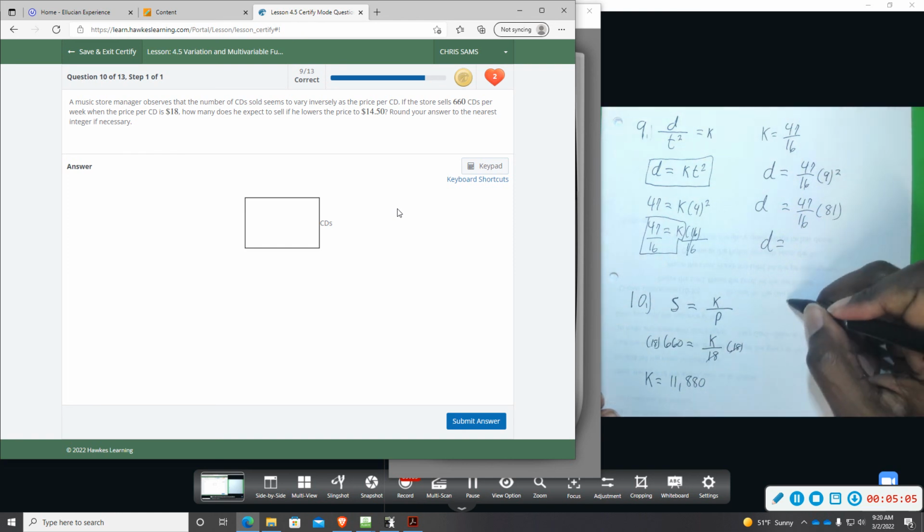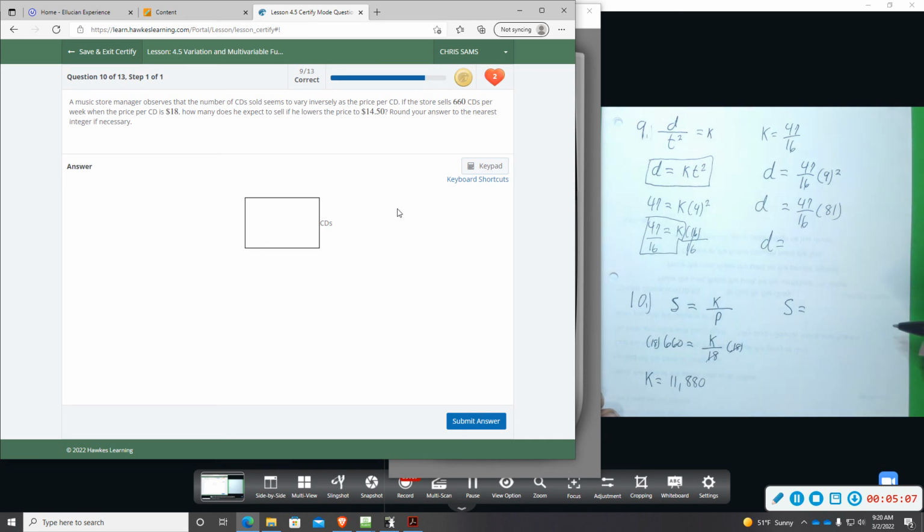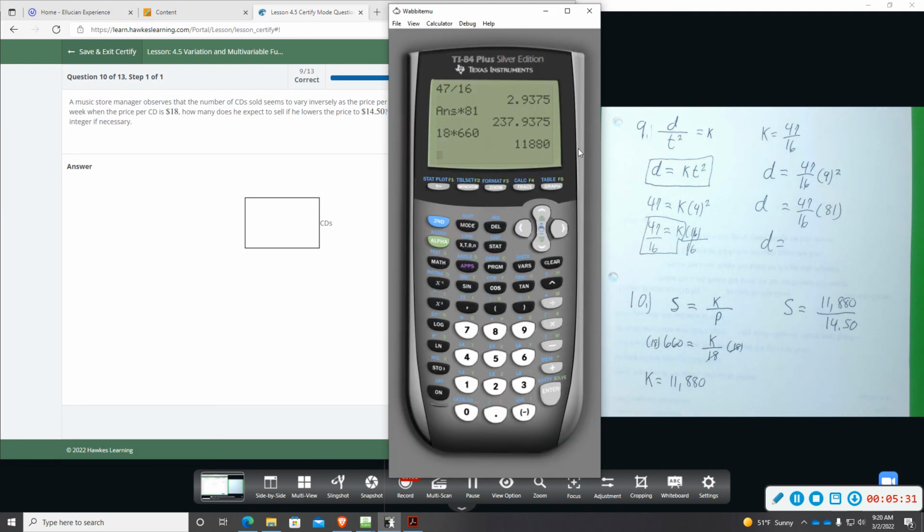So S is what we're looking for. How many do they expect to sell? K is 11,880. How many do they expect to sell if they lower the price to $14.50? So we're going to have 11,880 divided by $14.50, and that will give us how many we would expect to sell. I already have that 11,880 here.